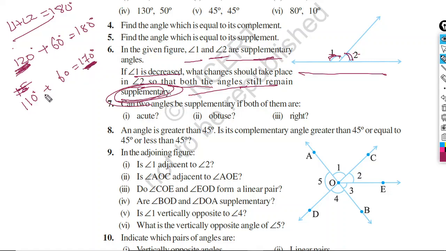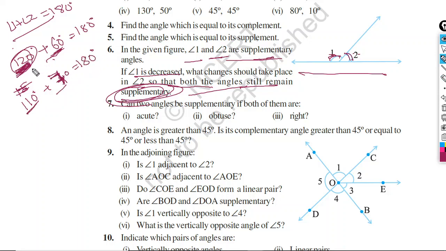So what do we have to do? We have subtracted 10 from 120 degrees. Now we can add 10 here. So instead of 60, we can write 70. If we increase this angle of 60 degrees by 10, then what happens? 110 plus 70, add them, equal to 180.